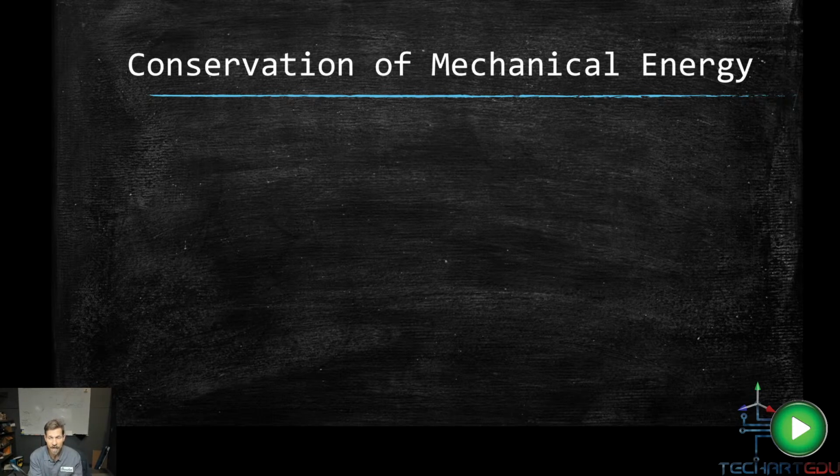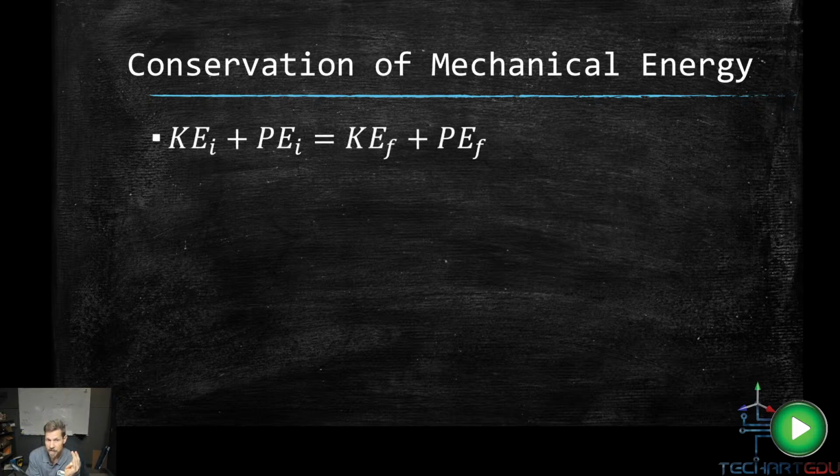Okay, that's all good and fine, but the important thing is, remember how we were dealing with Newton's third law, and we were saying, okay, fine, for every action there's an opposite reaction? Well, this has to do with the conservation of mechanical energy. So you have the kinetic energy and the potential energy.